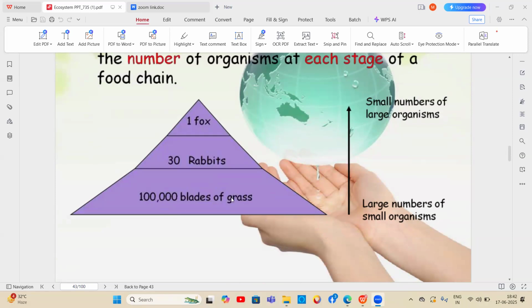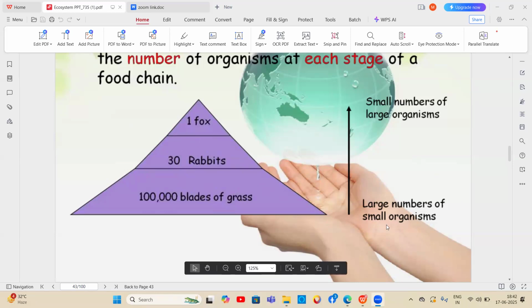For example, here there are 1 lakh grasses, but the number of rabbits is less, and only one fox is there. So it is a straight, upright pyramid.